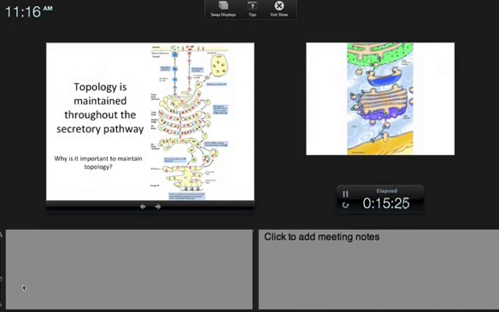Why is it important? I'm only going to harp on it a little bit. If you think about the secretory pathway, you're starting in your ER, then you're going to your Golgi, then you're going to your plasma membrane.